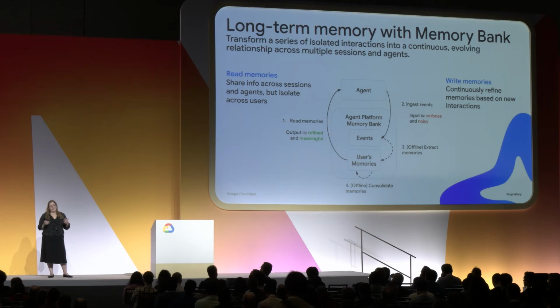So this is one area where Memory Bank might be different than another traditional database, because we have clear separation between different individuals' memories, and we're also performing LLM-driven actions. I'll cover that more on the future slides. Then in the future, when the agent has another interaction with this user, it can retrieve the memories in real time to initialize the interaction between the user and the agent, so it's not starting from scratch every single time.